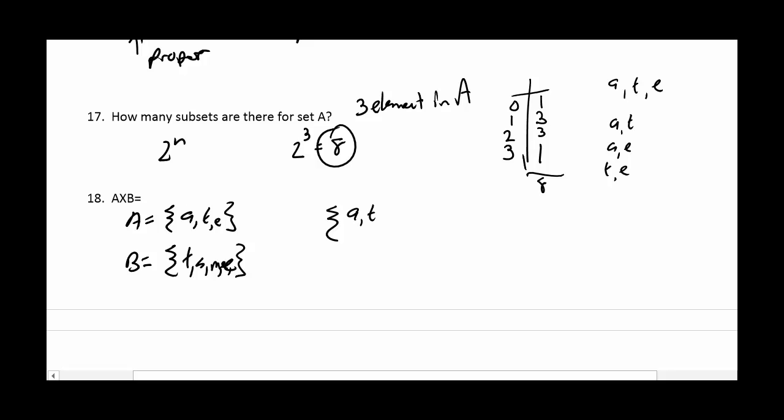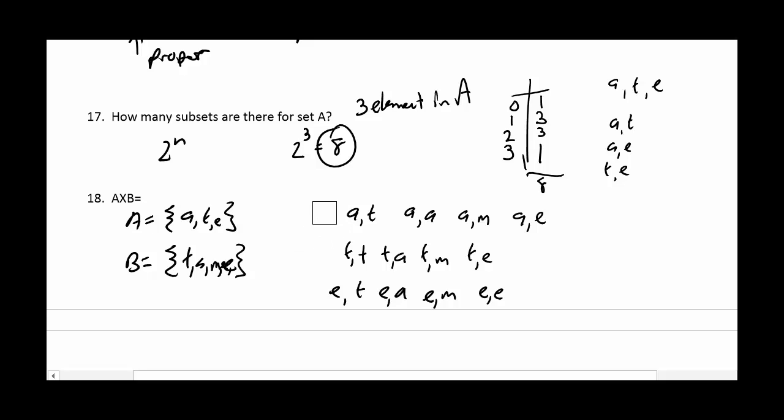So A with T, A with A, A with M, A with E. Then I have T with T, T with A, T with M, T with E. And then I have E with T, E with A, E with M, and E with E. And imagine those are all ordered pairs.